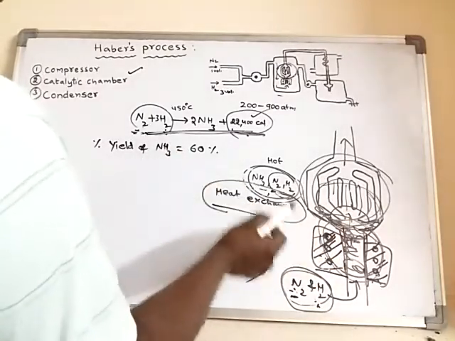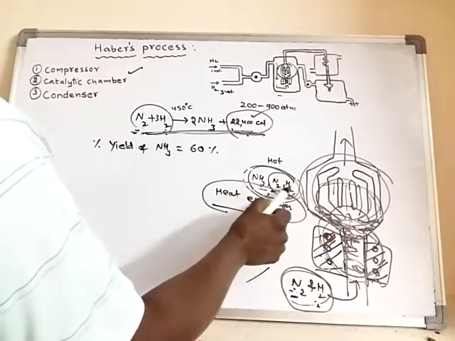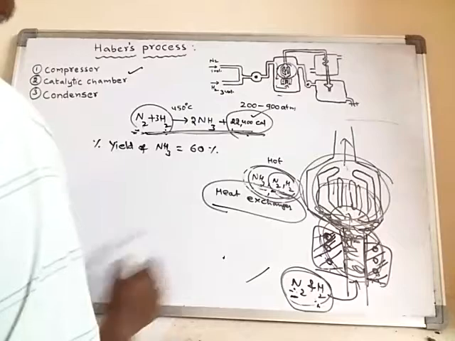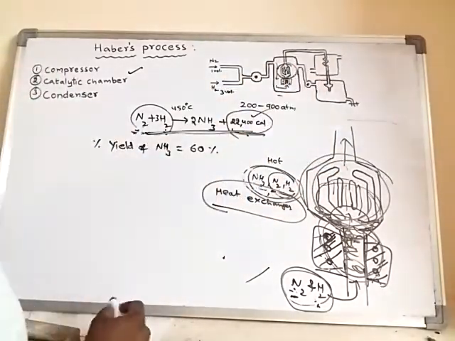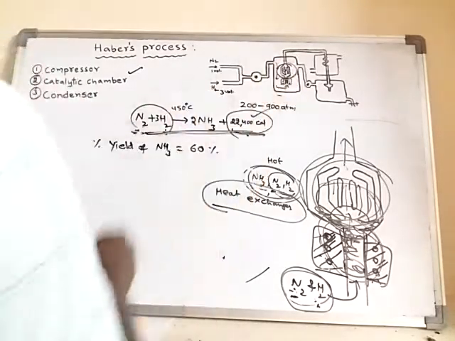The ammonia already present, along with nitrogen and hydrogen, will leave from this pipe. Like this, these are the things which happen inside the catalytic chamber.